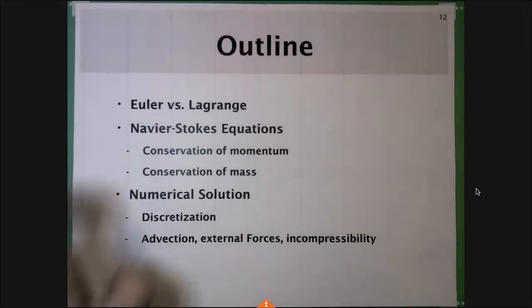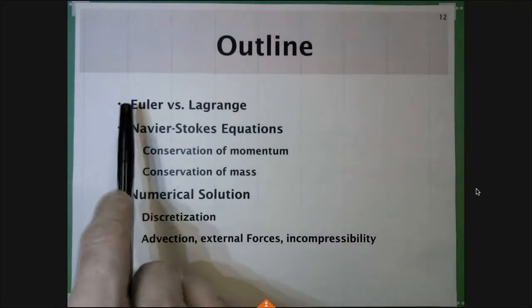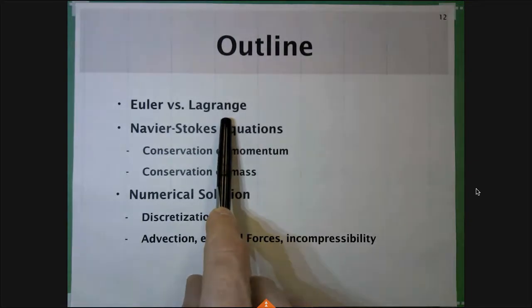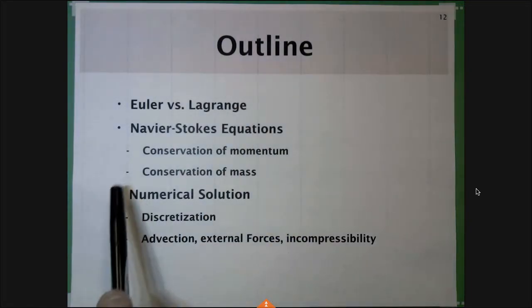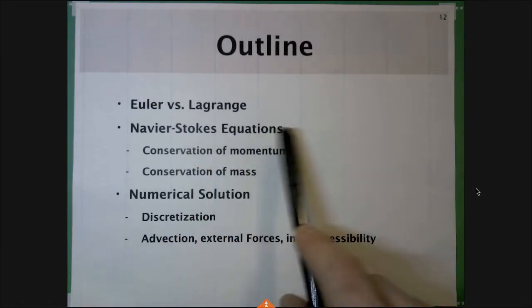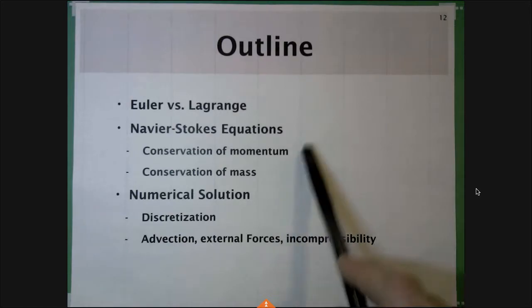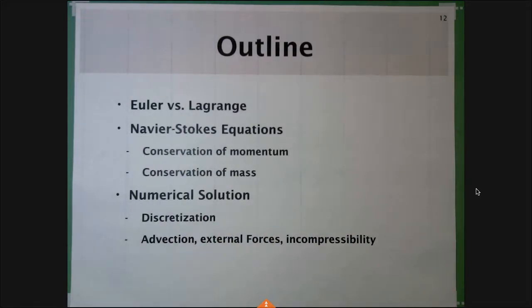Let's do the basics now. We will go first over the difference between Eulerian and Lagrangian viewpoints. That's a very important thing in fluids. Then you already know that fluid behavior is governed by the Navier-Stokes equations, which are a very important example of partial differential equations, PDEs. That's what we discussed last time. And we'll show you how you can derive the Navier-Stokes equations from basic principles, the basic principles being Newton's second law of motion and some other standard things.